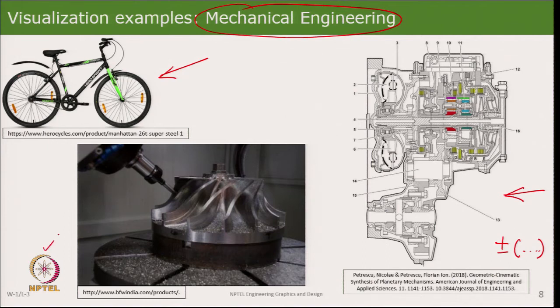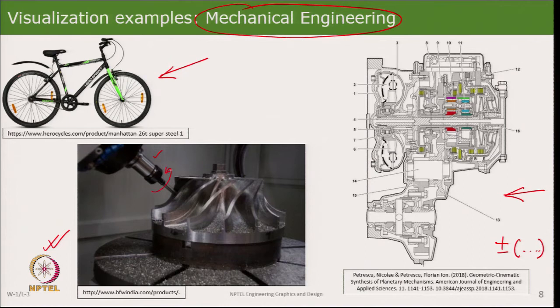The third picture is from manufacturing. You can see a complex shape being machined out of a block of steel or maybe aluminum. So, this is a cutting tool. At the end of this is the tool that actually does the cutting.